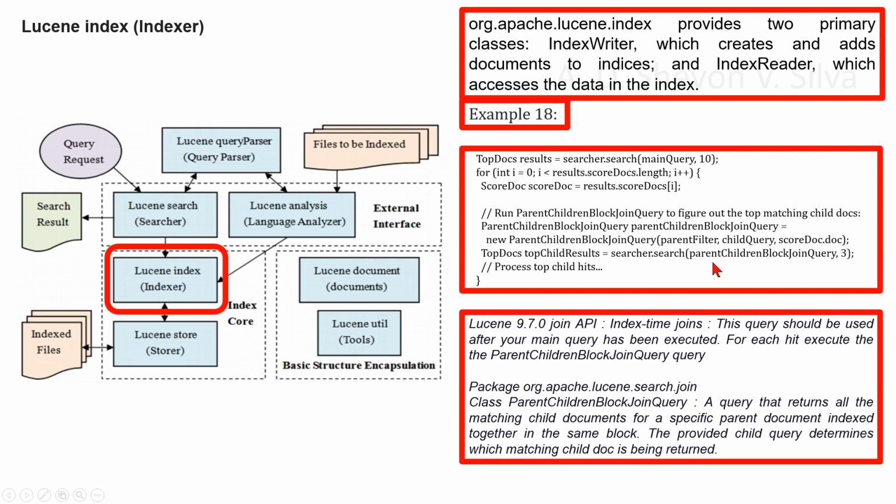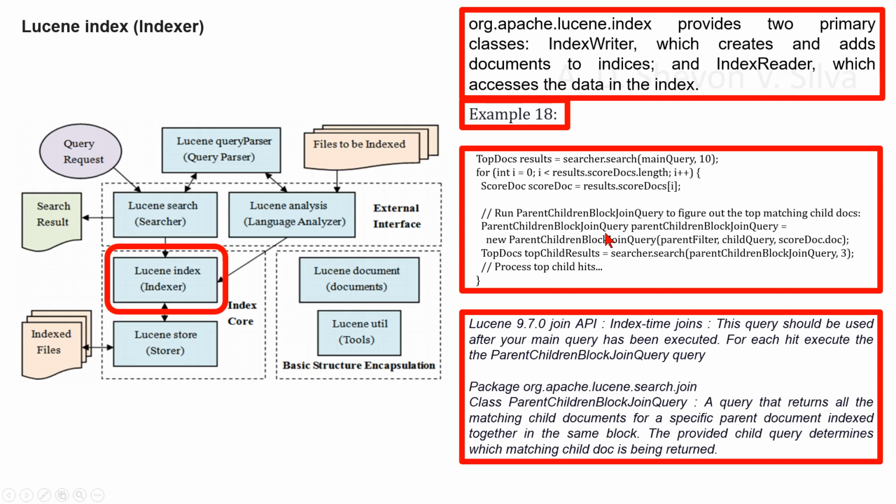The class ParentChildrenBlockJoinQuery is in package lucene.search.join. This query returns all the matching child documents for a specific parent document indexed together in the same block. The provided child query determines the matching child docs being returned.